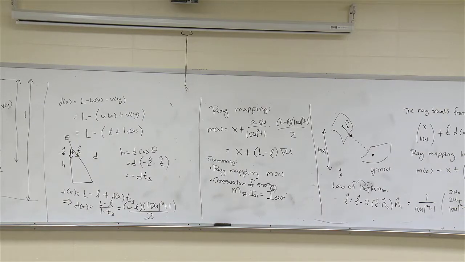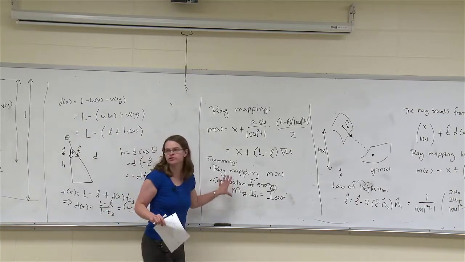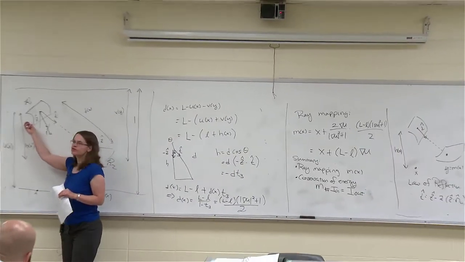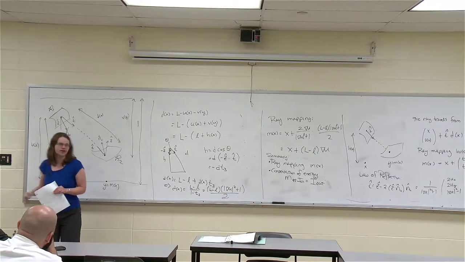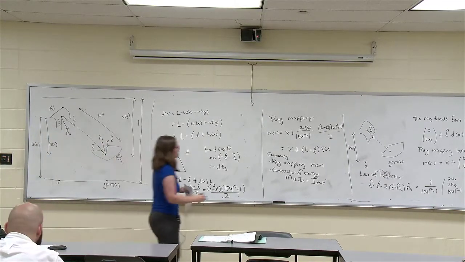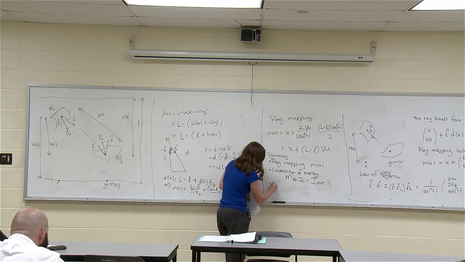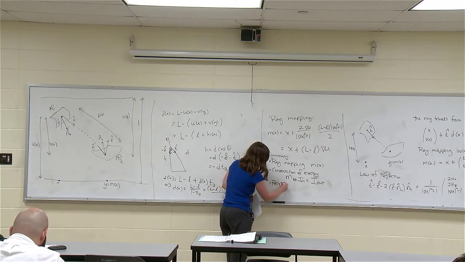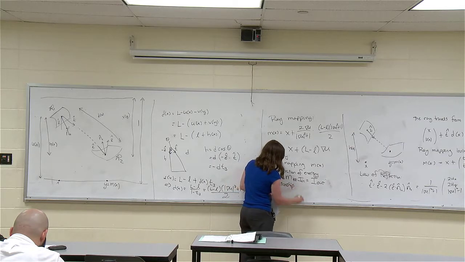So we have that. And all of this right now is written in terms of grad u, in terms of only the first reflector. But once we know the first reflector and once we know this ray mapping, we can get the second reflector. So we have this relationship between u and v.